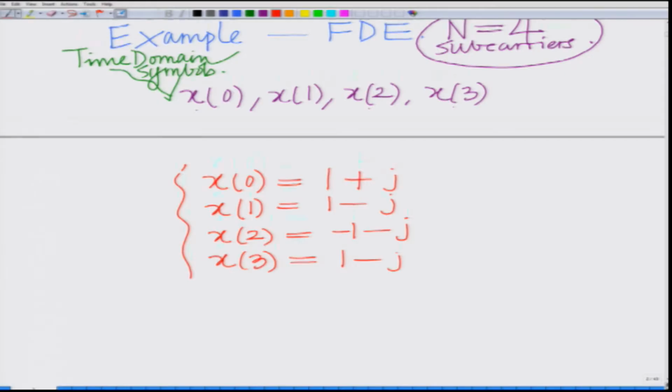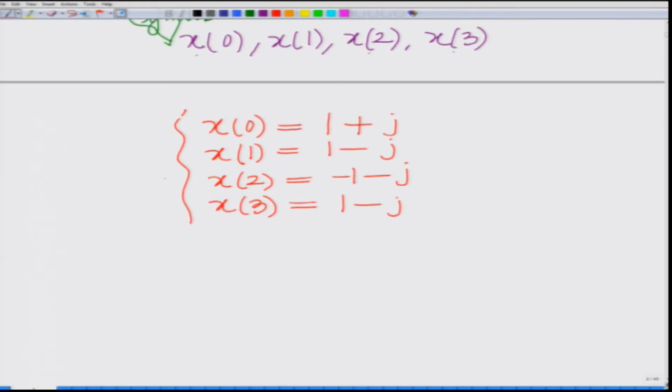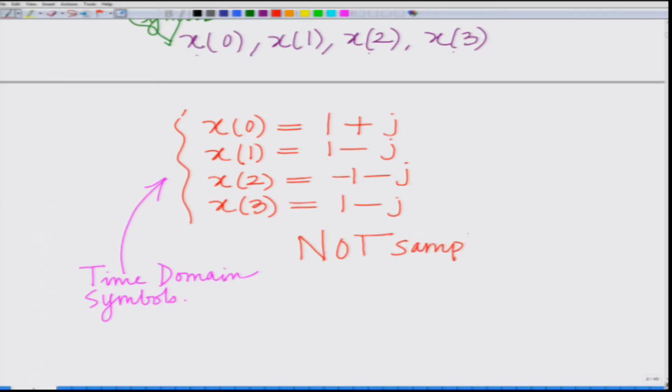These are your time domain symbols. Just to be explicit, these are not samples like in OFDM. Please remember that, and you can clearly see these are QPSK symbols.